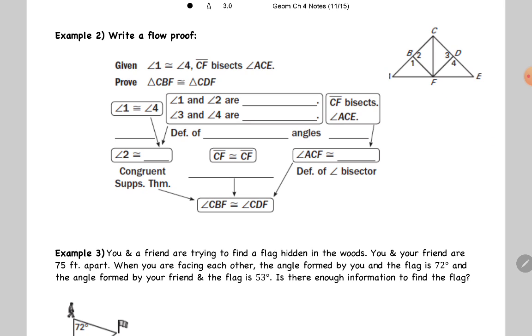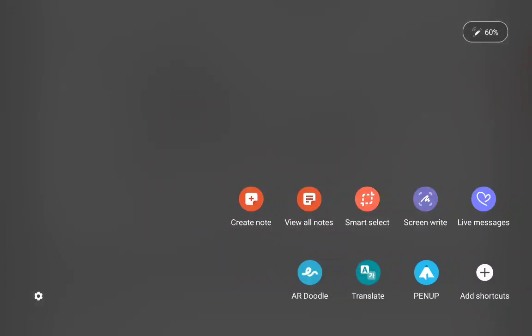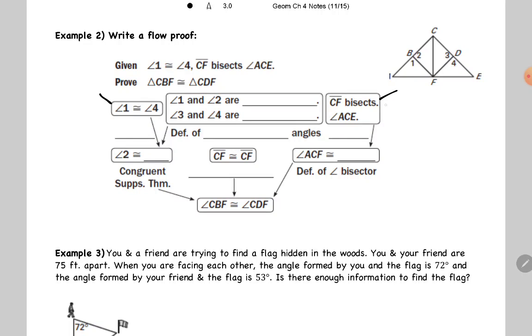So they have a picture here. And what you want to do is first put all your given down. So they put angle 1 is congruent to angle 4, and they put that down. So this was given, and this was given. Okay. So you put your statements in boxes, and then your reasons right under it.